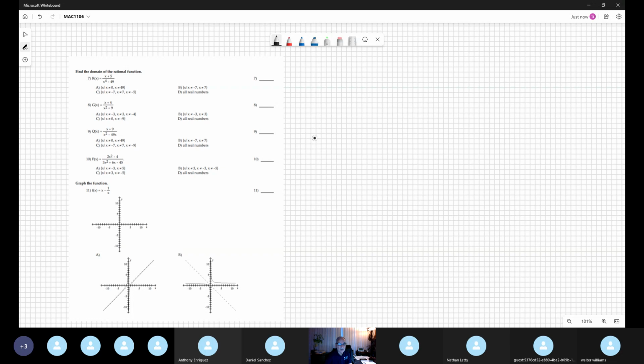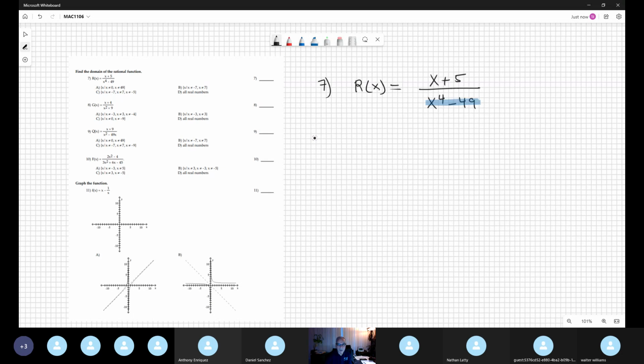I copy number 7. R of x is equal to x plus 5 divided by x to the 4th power minus 49. Okay. So I need to avoid the denominator expression being 0.